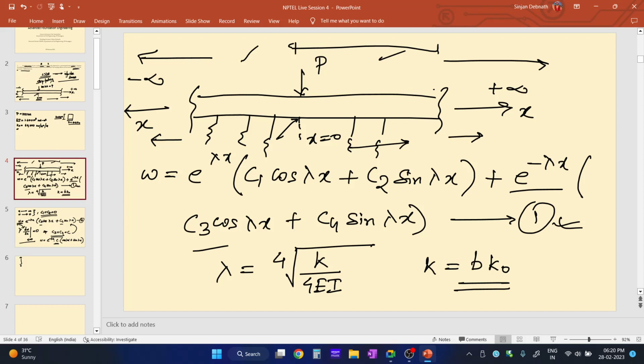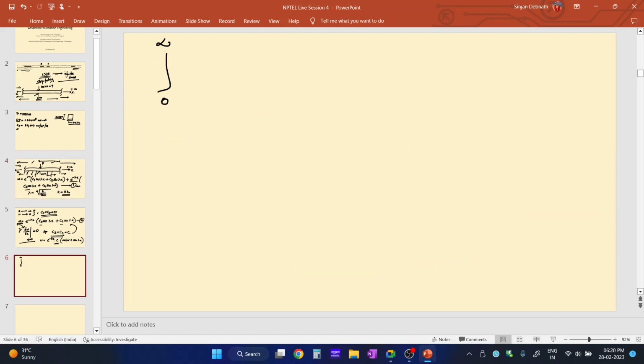If k is the subgrade modulus, the spring constant of the springs, then the reaction will be k into deflection. If we integrate the reaction from this to this, we will get the total reaction acting from 0 to infinity.